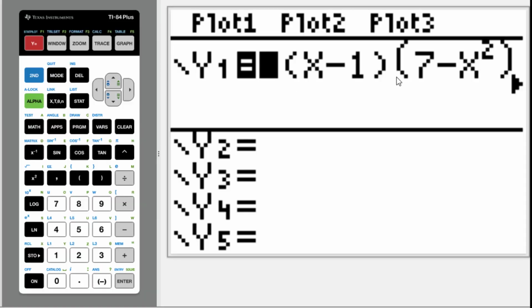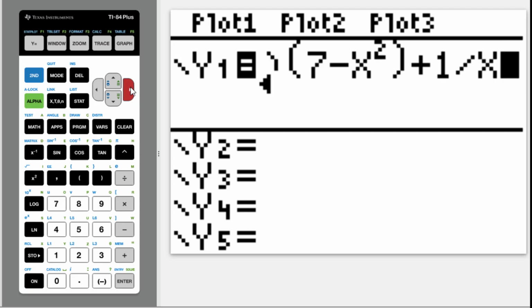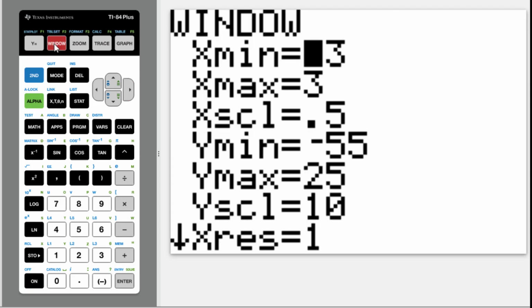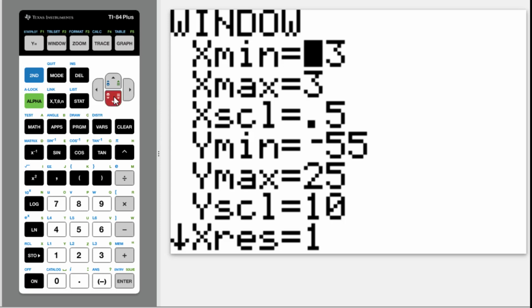Then go to calculator, put the function into this y1. Go to window. The scale for x-axis is 0.5. For y-axis, this will be negative 60.